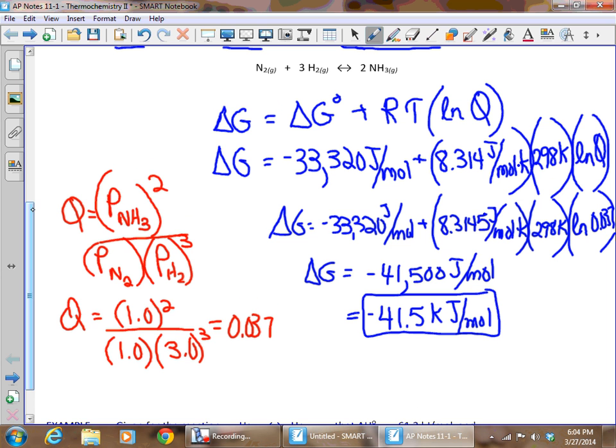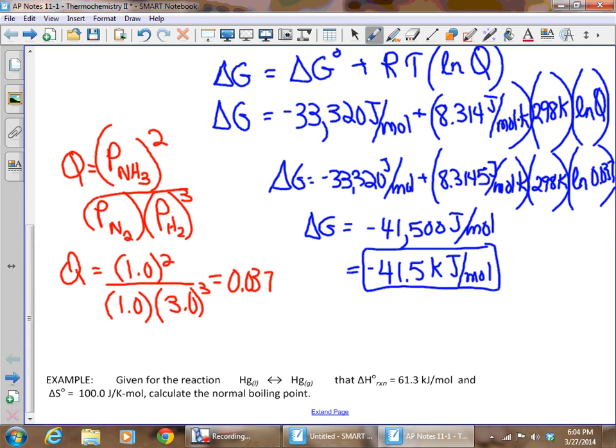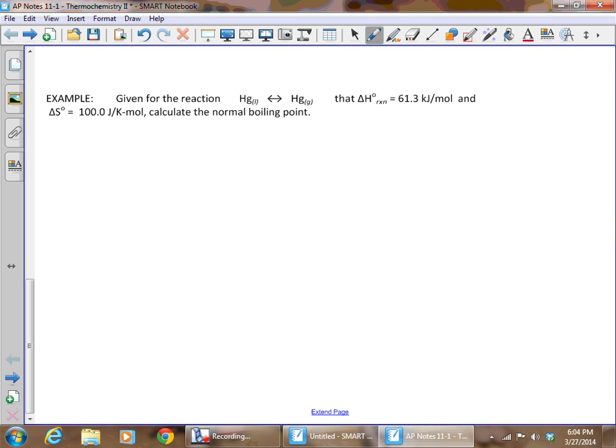Now going on to the next example, it tells us that we have a reaction in which mercury liquid is in equilibrium with gaseous mercury, and that we have a delta H value of 61.3 kilojoules per mole and a delta S value of 100 joules per Kelvin mole, and it wants to know the normal boiling point.